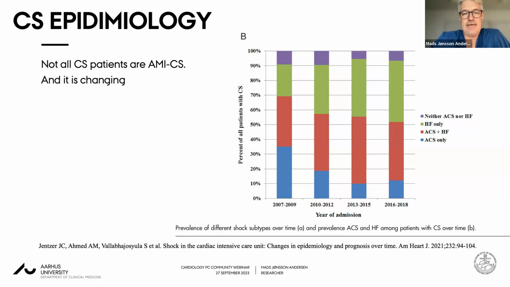And what we see is that cardiogenic shock associated with myocardial infarction is diminishing, and cardiogenic shock associated with heart failure is increasing. And now, at this point in time, cardiogenic shock secondary to heart failure is more predominant than cardiogenic shock with MI. So why is this important?